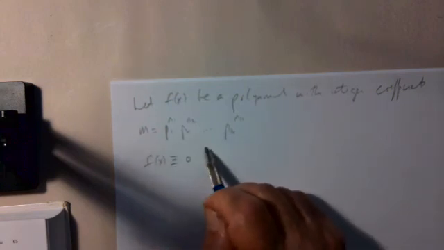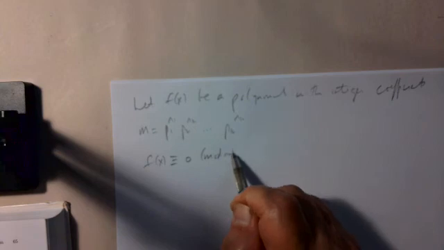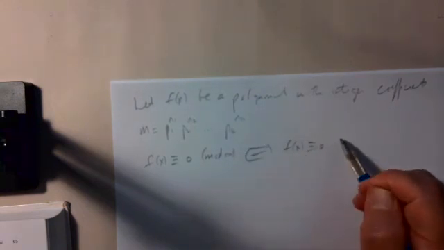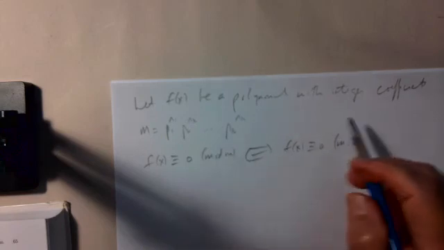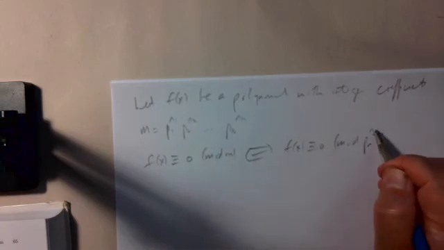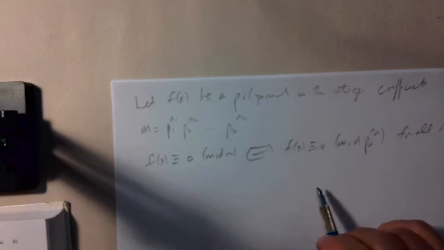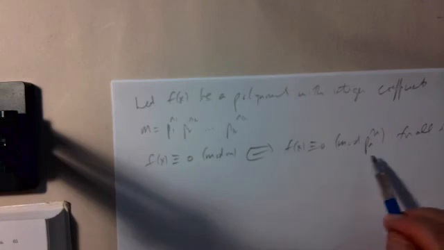So we can say that f of x has a solution mod m if and only if f of x has a solution modulo each prime power pi to the ri, for all i going from 1 up to k. It doesn't mean that these have the same solution, but each of these congruences has a separate solution.